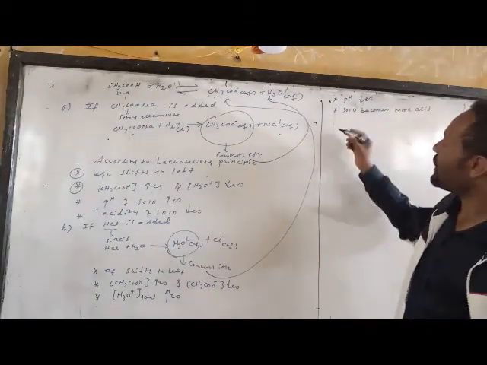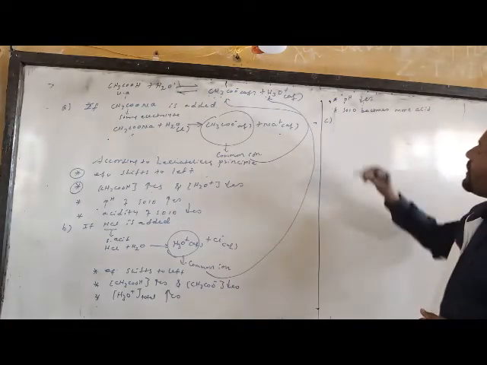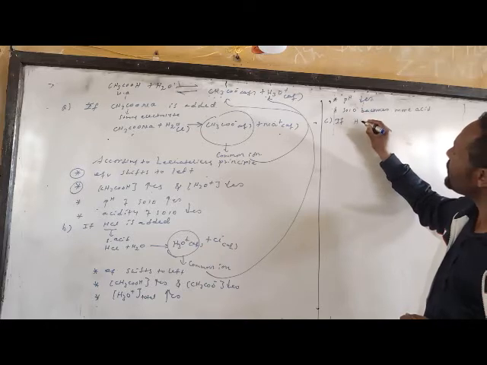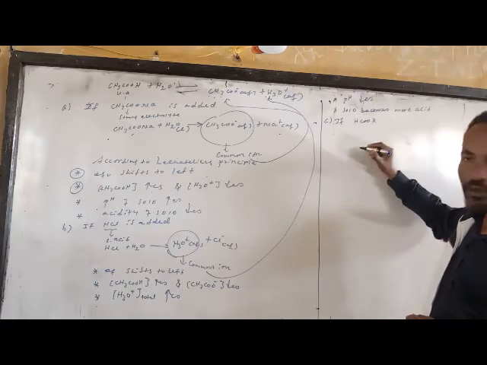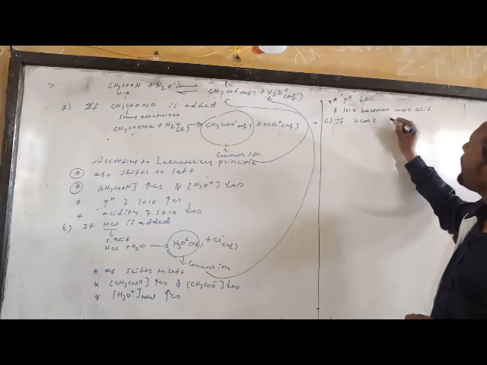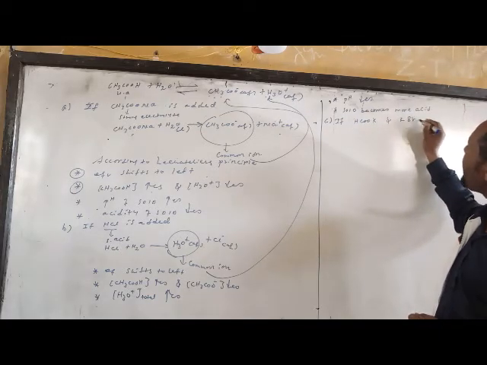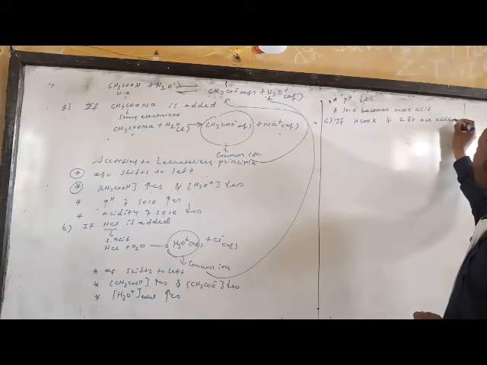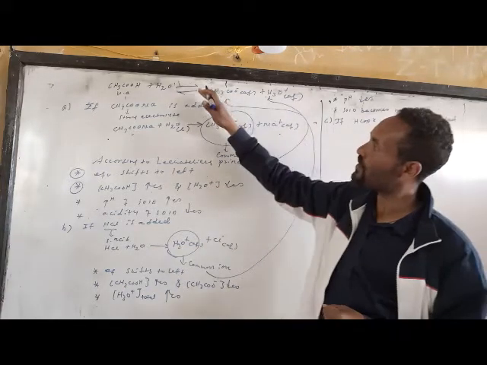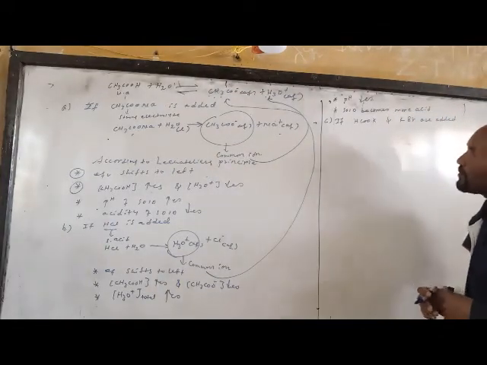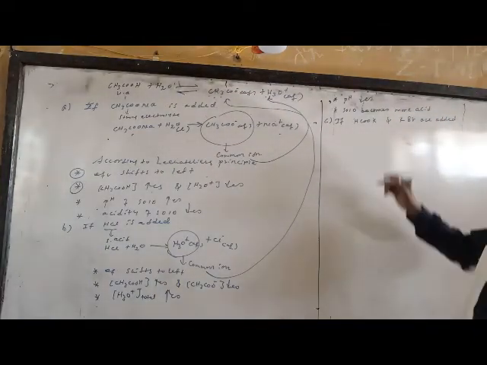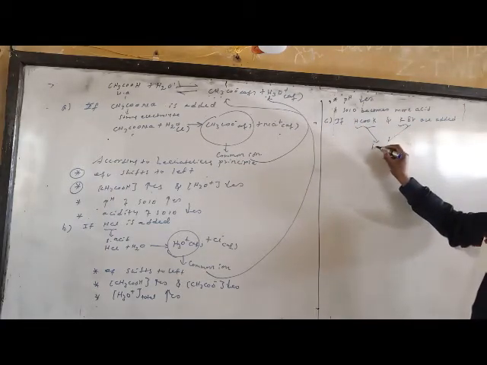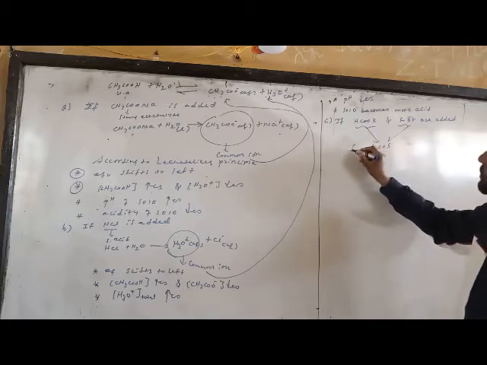Now let's see another effect. If, for example, potassium formate, not acetate, and potassium bromide are added, what will be the effect on the position of the chemical equilibrium in the original reaction? Look, these are salts, soluble salts.